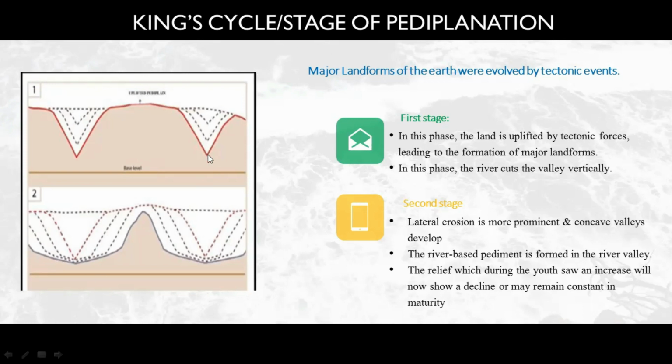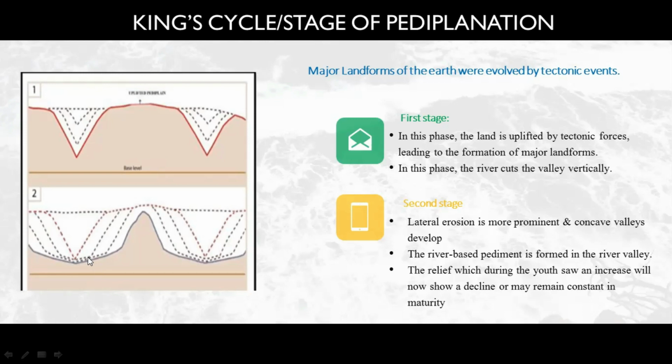Now, when they are joining over here, the volume of the river water increases. When it increases, there will be lateral erosion. Over here you are seeing, earlier it was V, now because of lateral erosion this has increased.